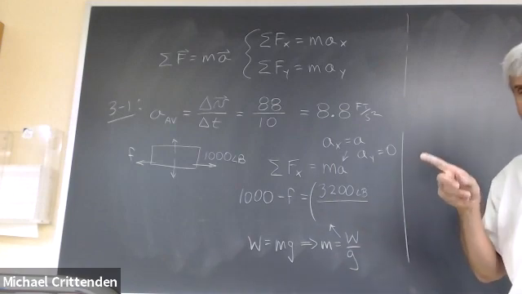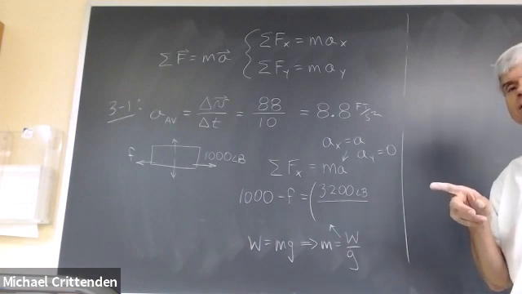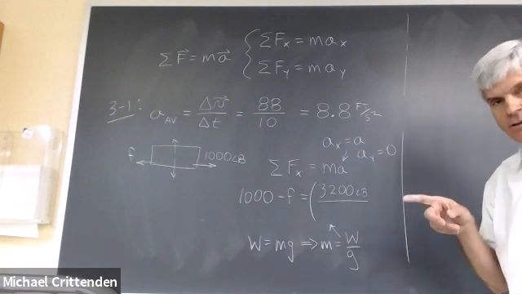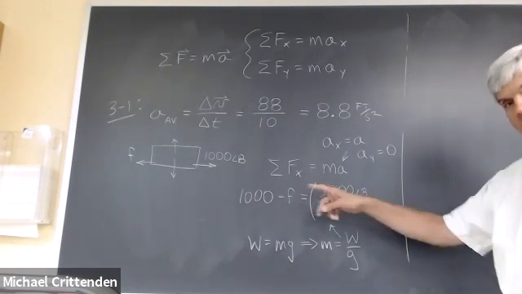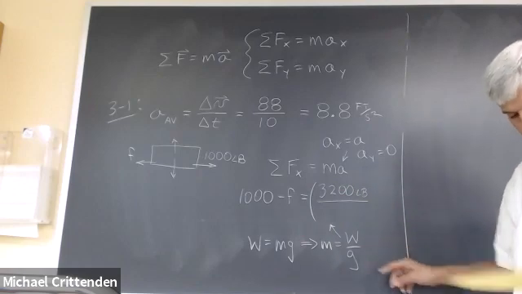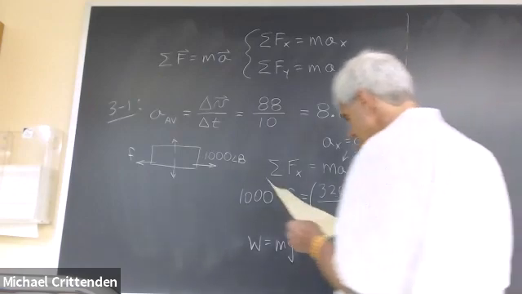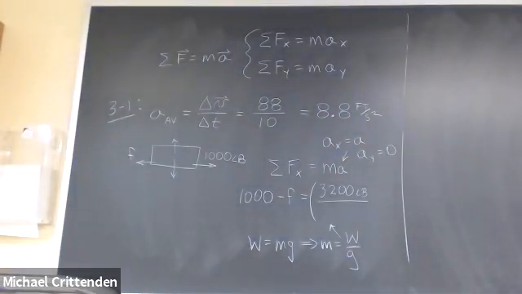You have to use a consistent system of units. g is 9.8 meters per second squared. We're not working in that system of units. You need g in feet per second squared. Did I put 32.2 or just 32? 32.2, okay.